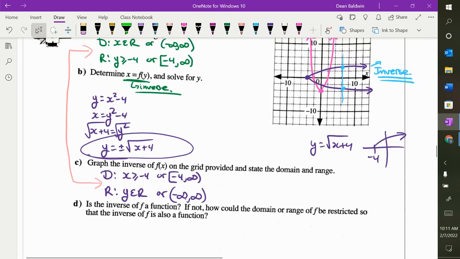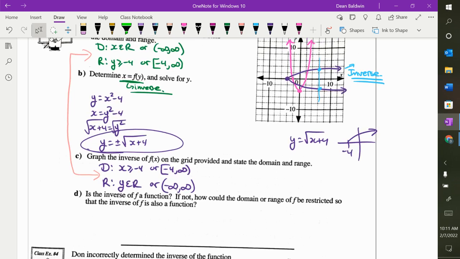And last question for today. So hang on, just say domain and range switch in the inverse. Okay.